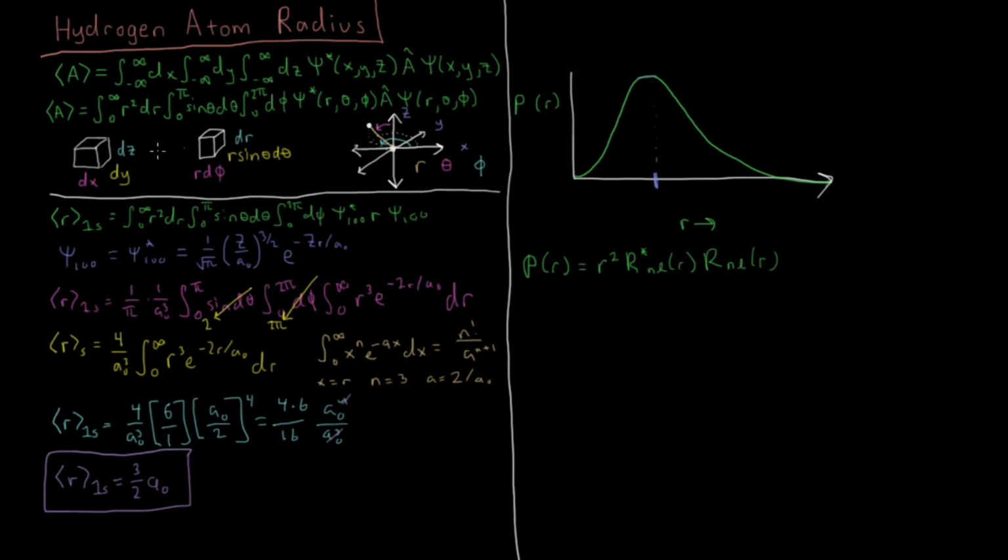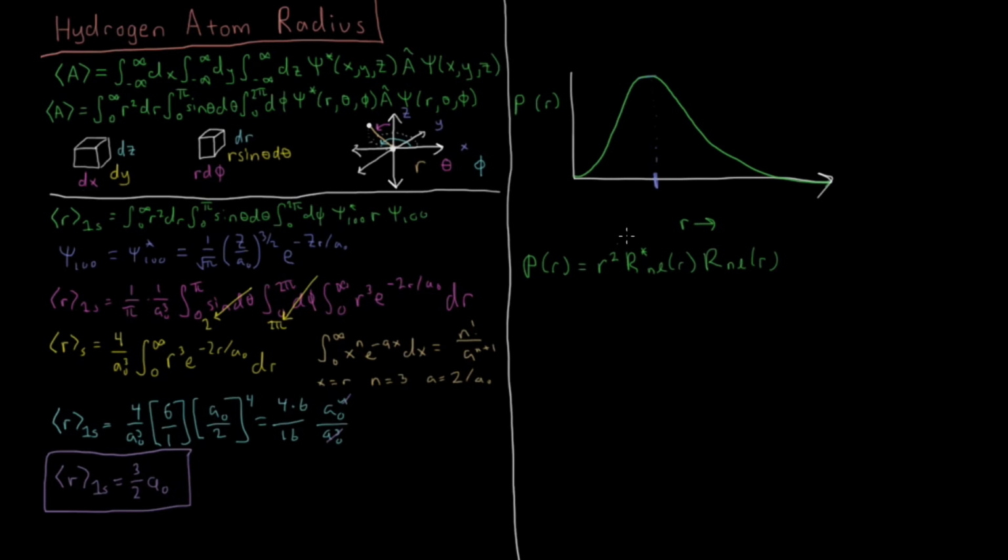And that's because of the volume elements here. As you get to larger and larger values of r, there's more and more volume that you're encompassing. So you need to take the regular probability density, the psi star psi, and then multiply that times r squared, which gets us the radial distribution function here. So instead of just the decaying exponential, which we would have in our wave function, multiplying it times r squared gives us this kind of peaked function here.